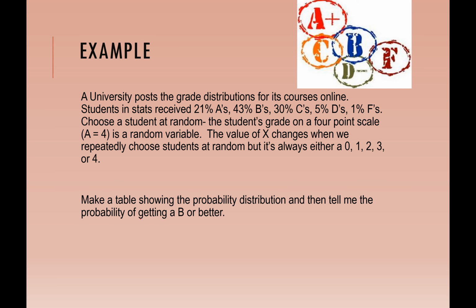We want to figure out what's the probability they got a B or better. And so if you are unsure with the grading system, an A is 4, B, C, D, and then F. All right, so I would pause this, and then when you press play, I will go to the next slide.